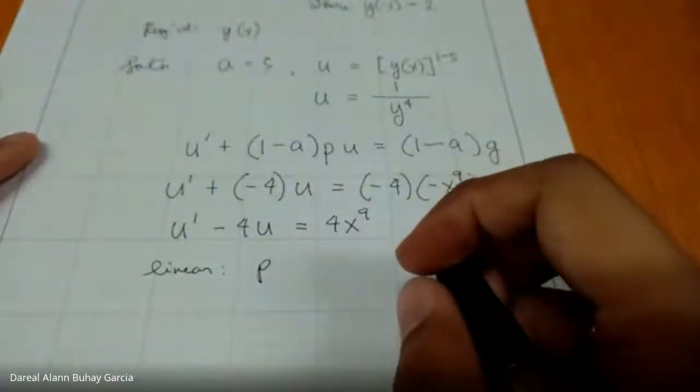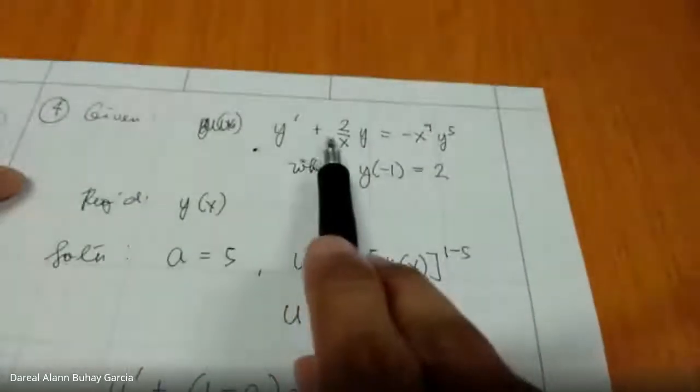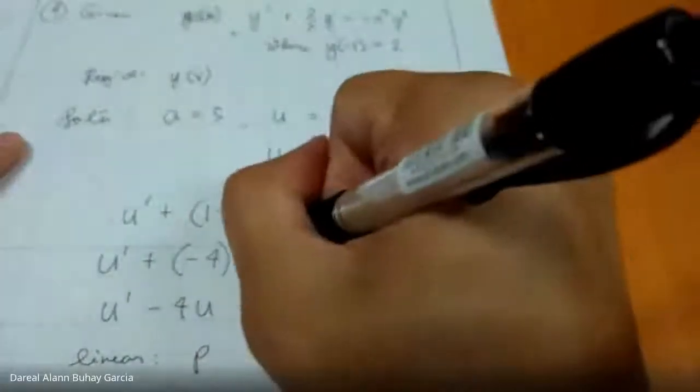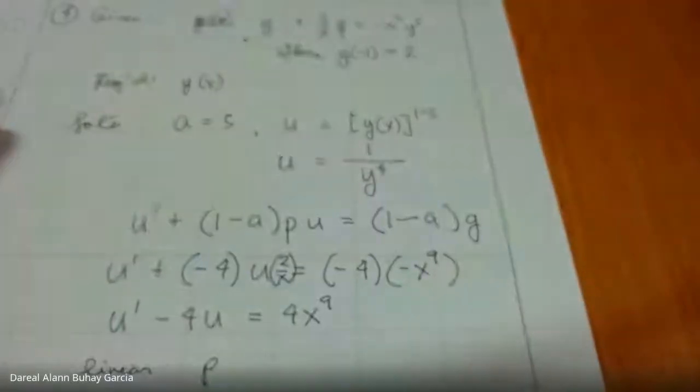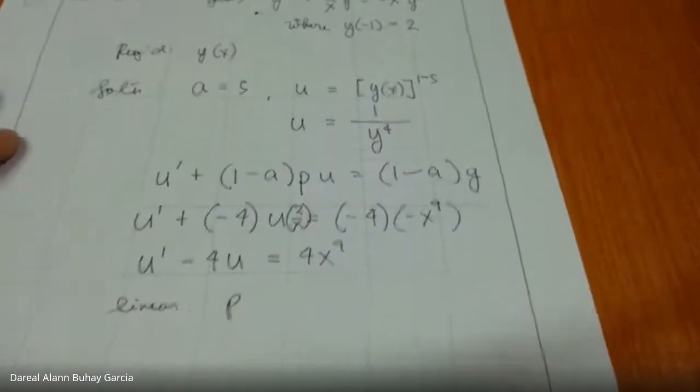Where p of x, I mean, is negative 8 over x.